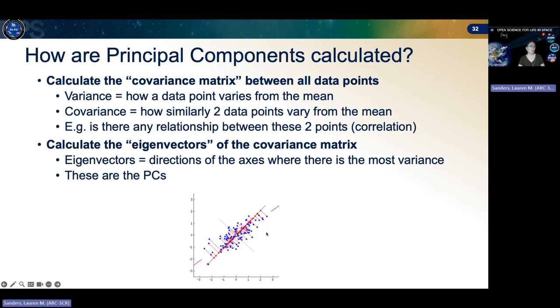And so that's a way of taking all of these variables, not data points, but variables that were measured for data points, and capturing most of the variance along the first principal component and the second principal component. So it's a way of reducing down the dimensionality of the measurements.